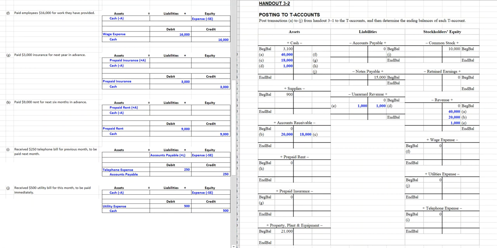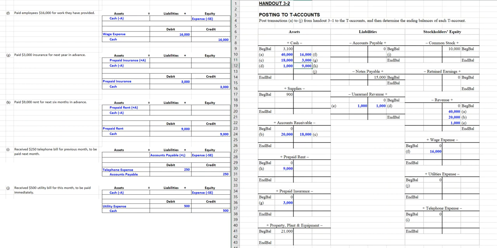For transaction F, we had a $16,000 debit to wage expense and a $16,000 credit to cash. Transaction G, a $3,000 debit to prepaid insurance, a $3,000 credit to cash. Transaction H, there was a $9,000 debit to prepaid rent and a $9,000 credit to cash.